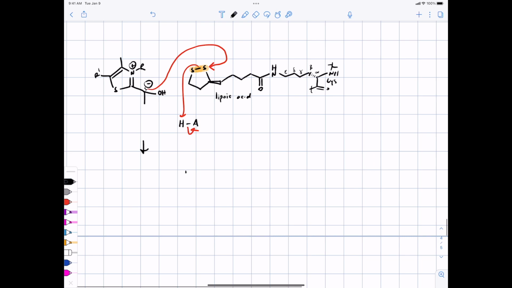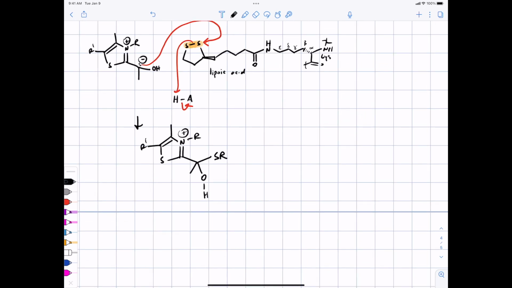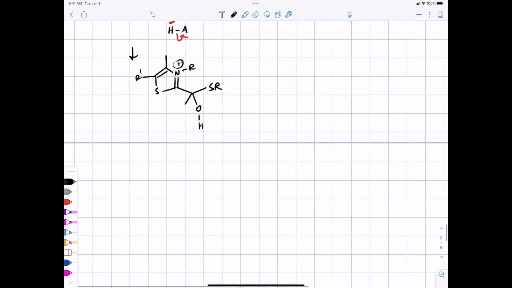So what we get after that, and I'm going to just use SR at this point. Then a base can remove a proton here. We can kick off thiamine ylide as a leaving group.